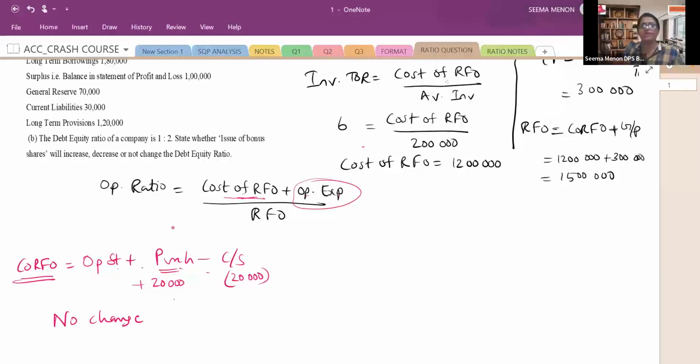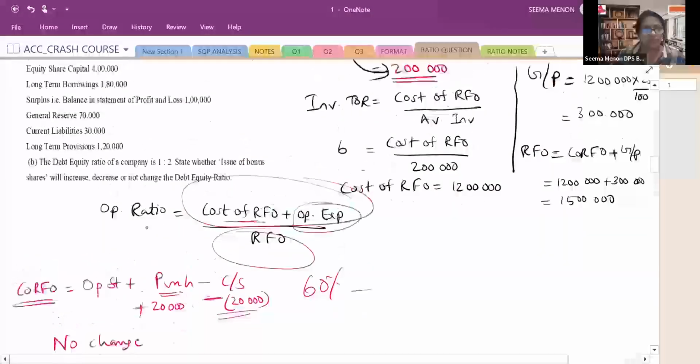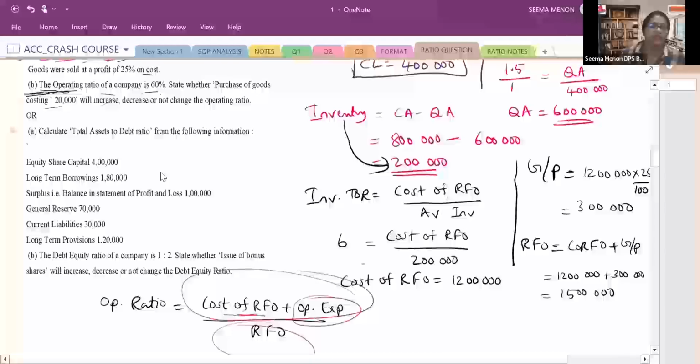So plus 20 minus 20, what is the effect? There is no change in my numerator, no change in my denominator. So the ratio will not change. The ratio itself will be 60% without any change. I hope you are clear with this explanation. That is question number B.